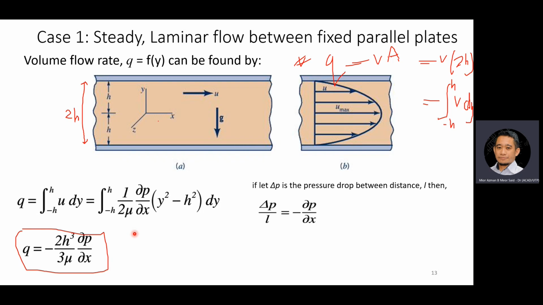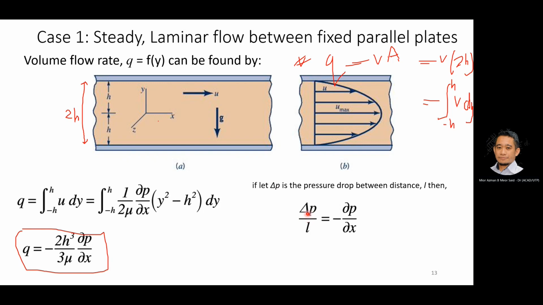Right. And if you know the delta P, the pressure drop over some distance, you can relate that to partial P over partial x. Normally with flow measurements, you know the pressure drop over some distance L, so you can use the data from your pressure transducer: delta P over the distance of that pressure drop equals negative partial P over partial x.